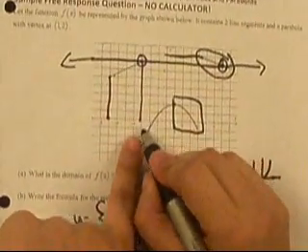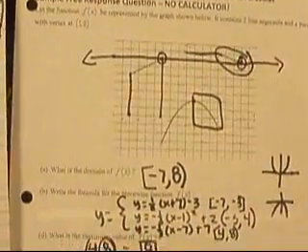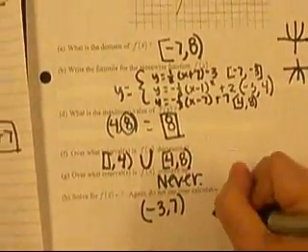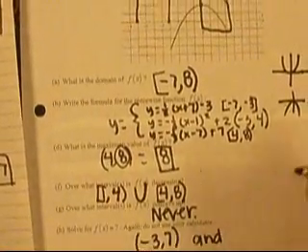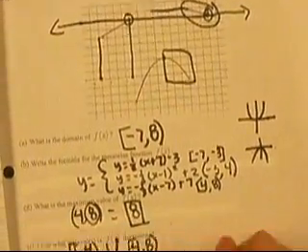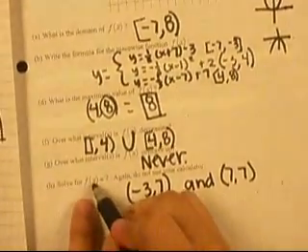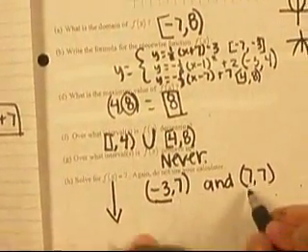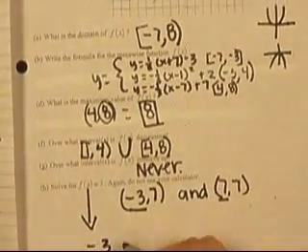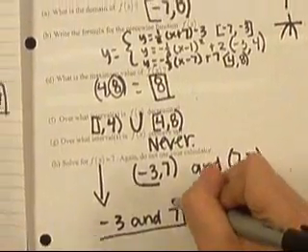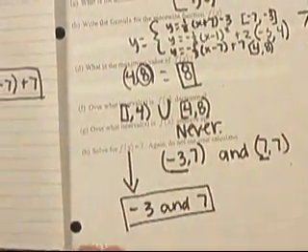It would be at (-3, 7) and at (7, 7). So you just plug in the x values, and it would be -3 and 7. And that's where your piecewise function equals 7.